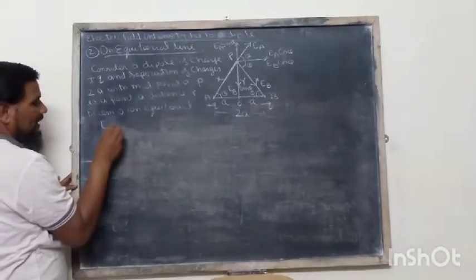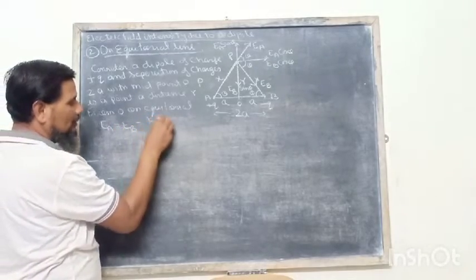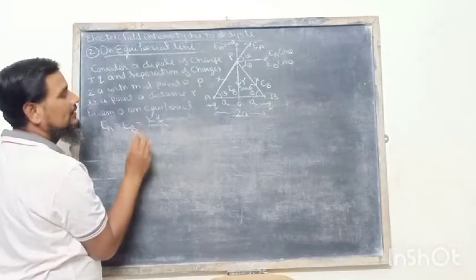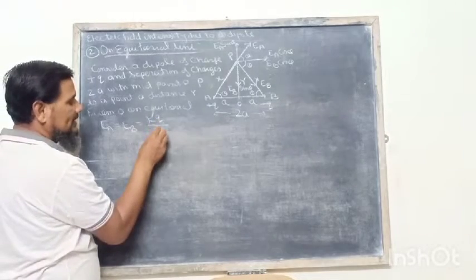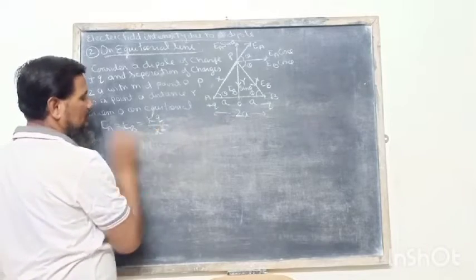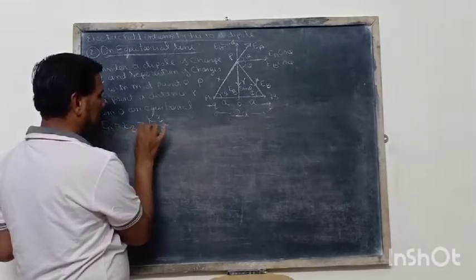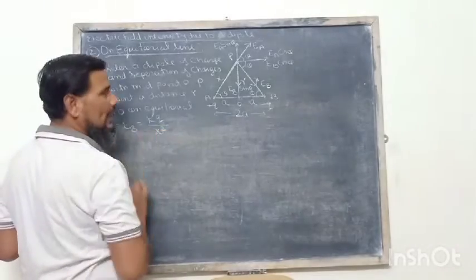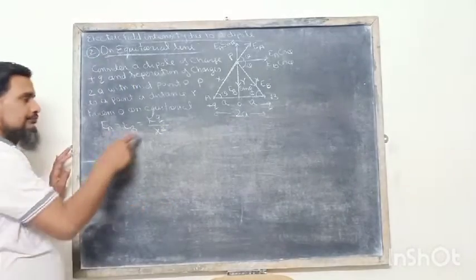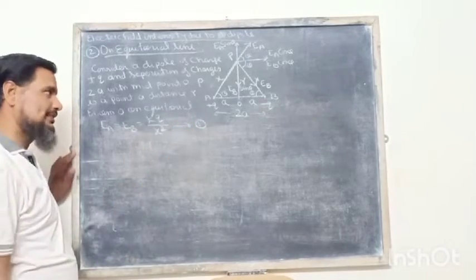The value of EA is equal to EB because the magnitude of both charges is q and the distance x from both charges, so the distance is x square. So EA is equal to EB is equal to kq upon x square. This relation is obtained; we consider it equation number first.